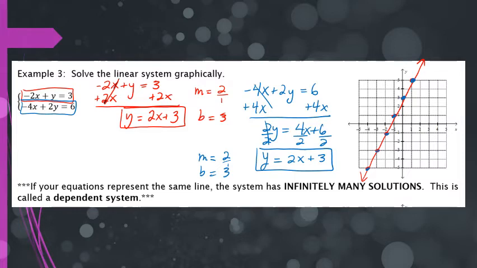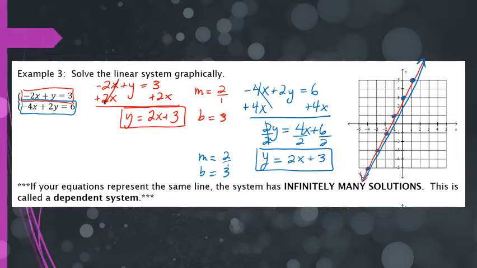So what's happening here is we have like a special case of a system of equations. They're actually the same line. So a solution is when I have a point that overlaps, but since all of these exact points are going to overlap because they're the exact same line, I have infinitely many solutions.